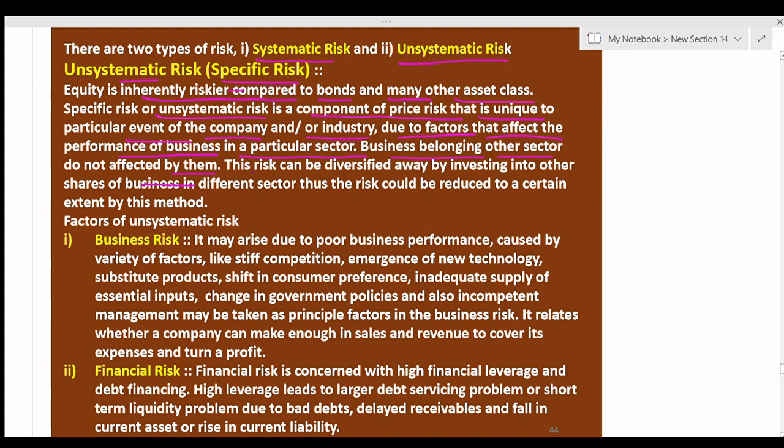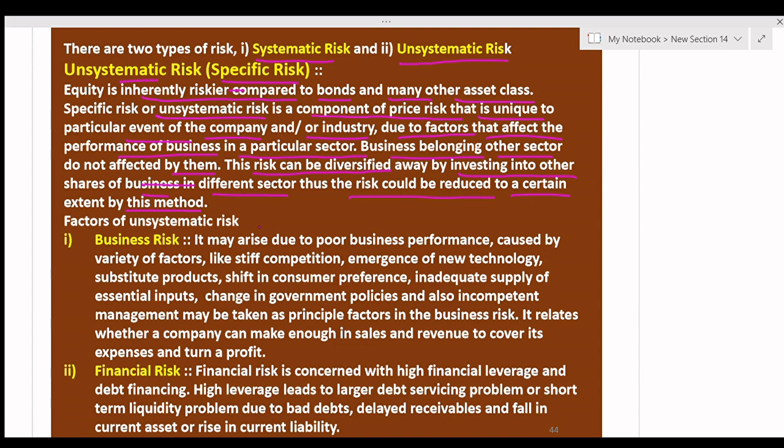These risks can be diversified away by investing in shares of businesses in different sectors. Thus, the risk could be reduced to a certain extent by this method. So, to reduce the risk in the unsystematic risk pattern, the investor will diversify his investment.